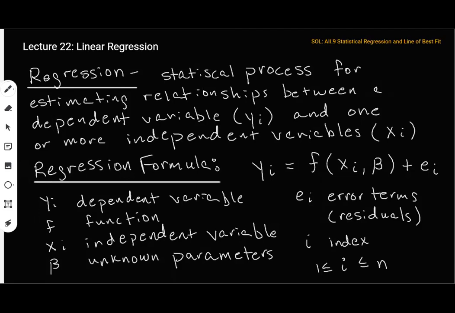Okay, so typically when you're doing regression, there's going to be a measure of correlation, and that correlation coefficient is going to be R. Once you do the regression on Desmos, it'll tell you what R is going to be.